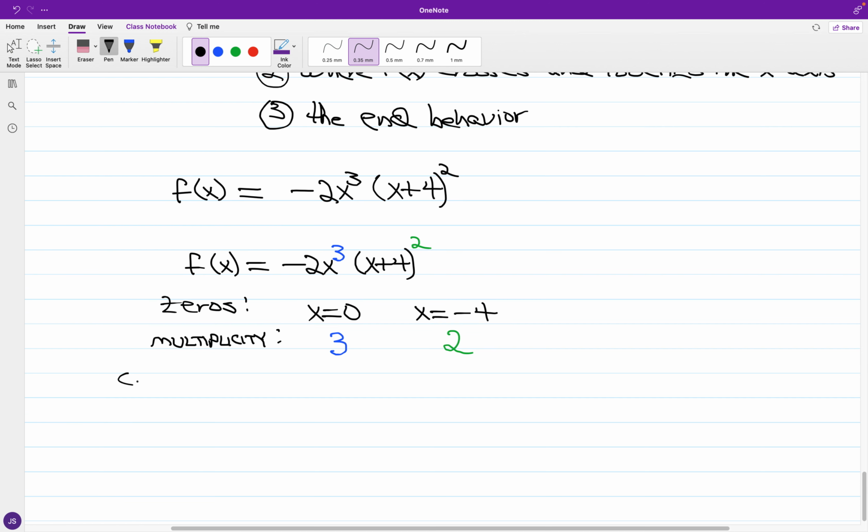And in terms of crossing or touching the x-axis, for zeros of odd multiplicity value, the graph is going to cross.